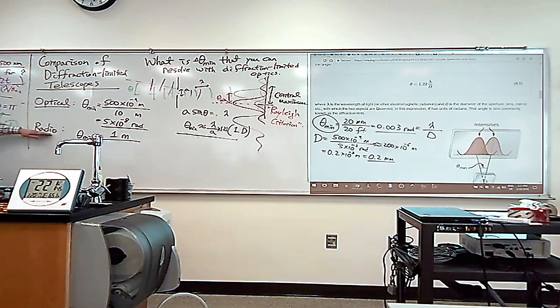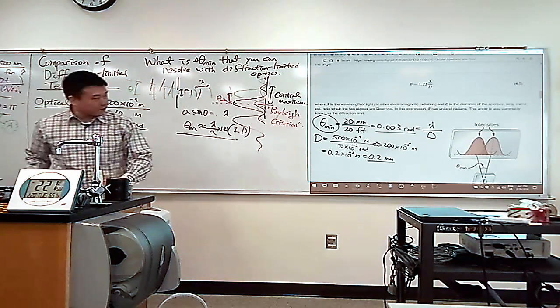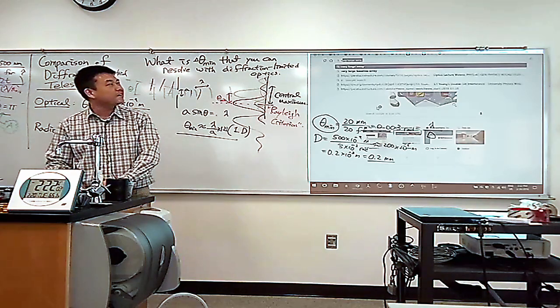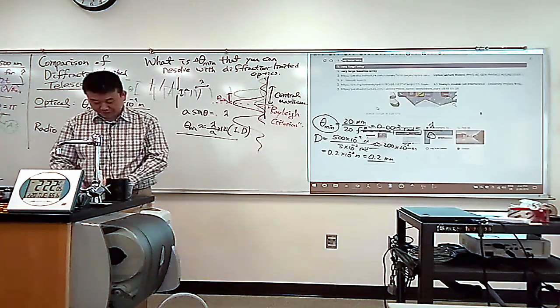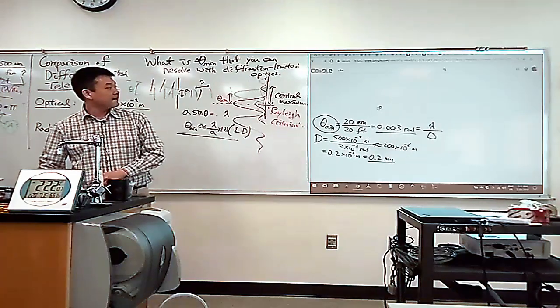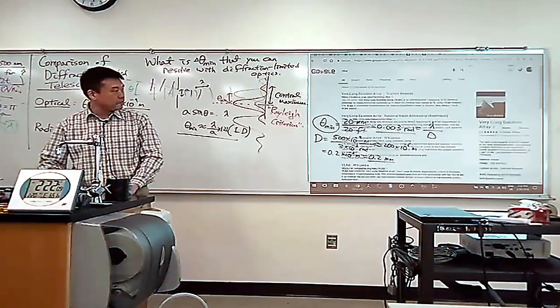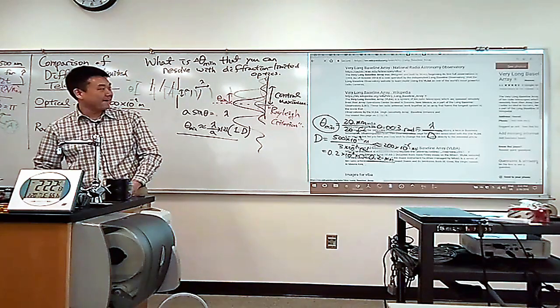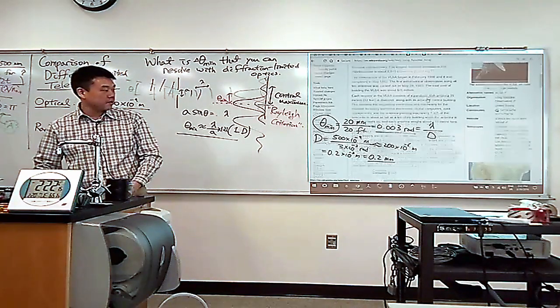With radio, there's a technique you can use to preserve coherence over a very long distance, in fact over separate radio receiving arrays. I want to leave it to you to search it on your own. It's called the Very Long Baseline Array, VLBA.